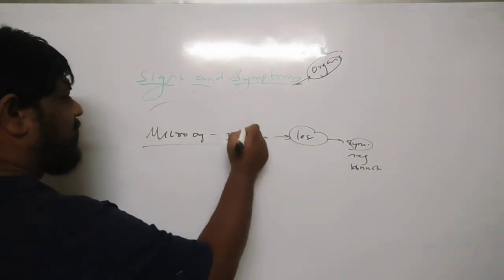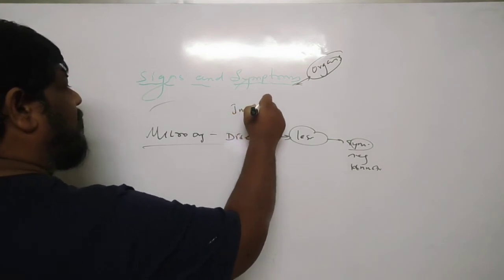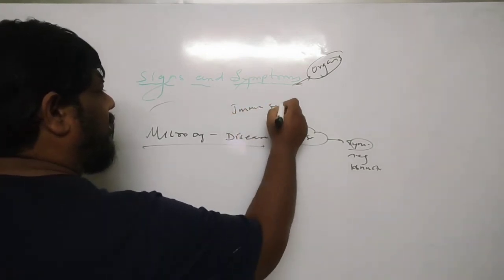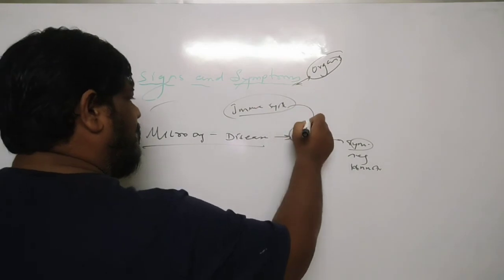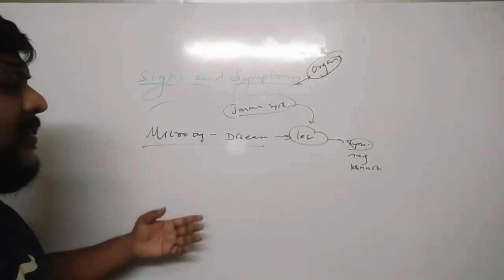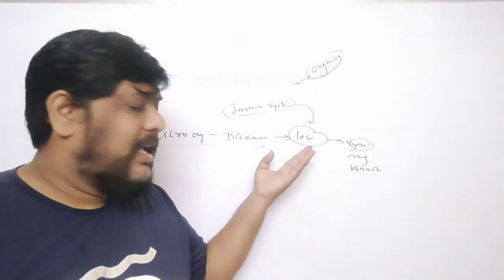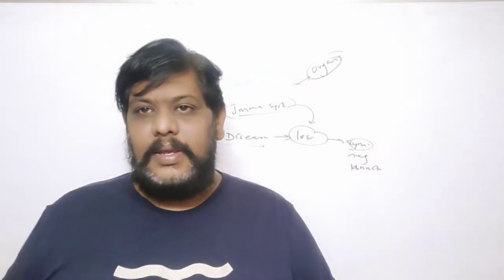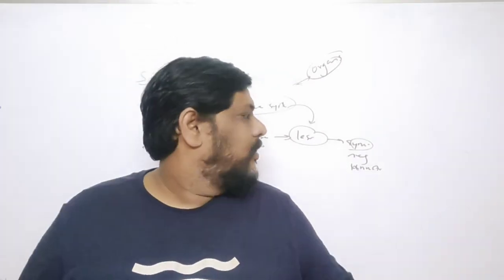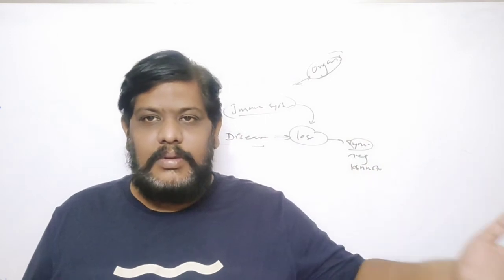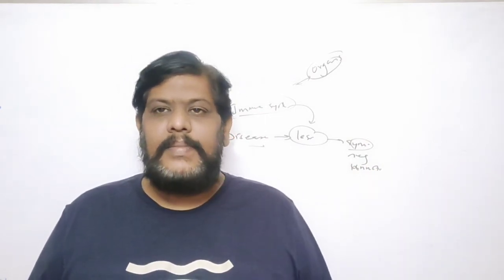That happens only when you have a proper immune system, because the immune system fights the microorganisms, and when the number becomes completely less, even the symptoms will not appear, and within no time the disease will go unnoticed.